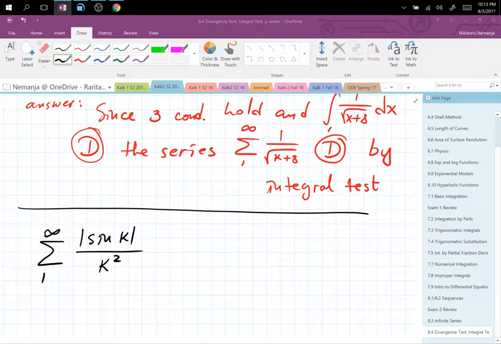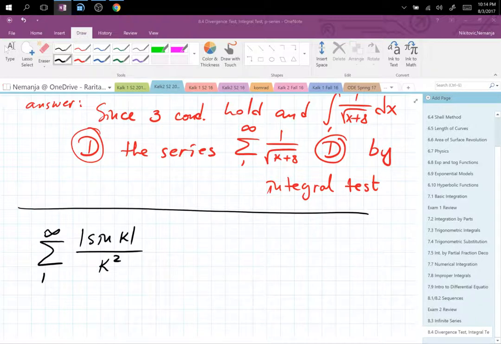You see k squared, and you know the derivative will not kill sine k. You also know that sine k oscillates, which is definitely going to ruin the decreasing and increasing part, right? So this clearly doesn't look like the integral test. But it's so close, right?